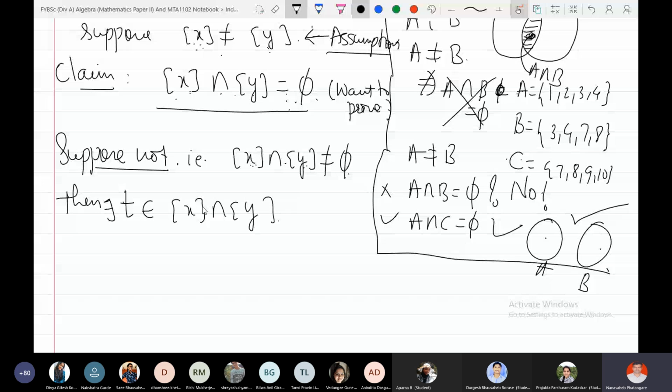The intersection is non-empty means at least some elements are in common. Suppose there exists t in the intersection because we are assuming the intersection is non-empty. Something is there in the intersection. That means t is in both of them.